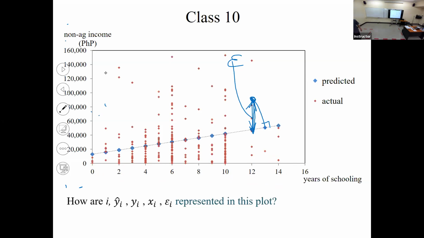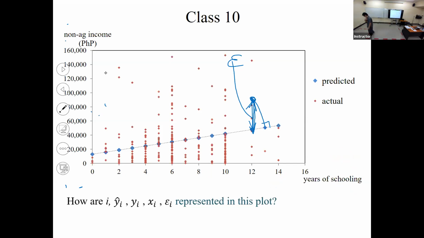Maybe you want to estimate: what if someone has 30 years of schooling, what would be the predicted level of farm income? But it's not appropriate because the data do not exist in such a range, x being 30, 40.